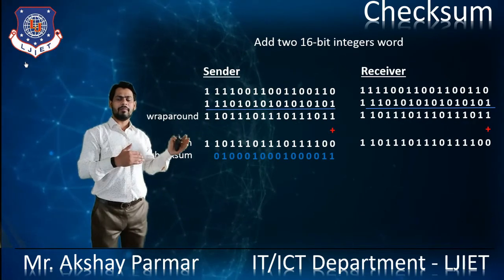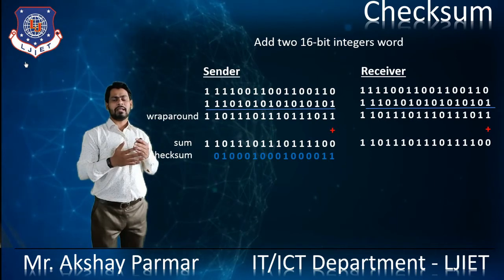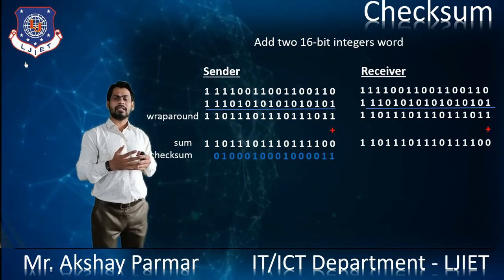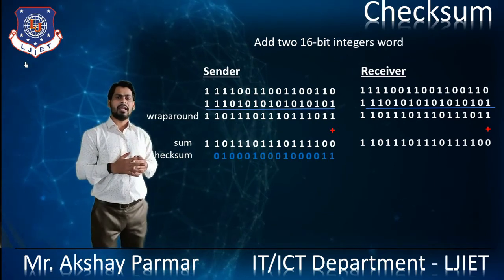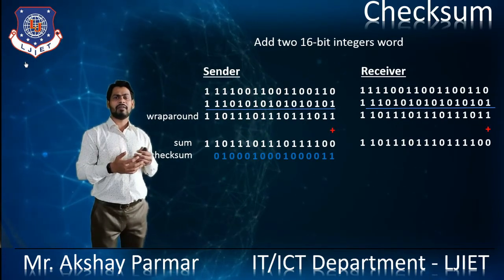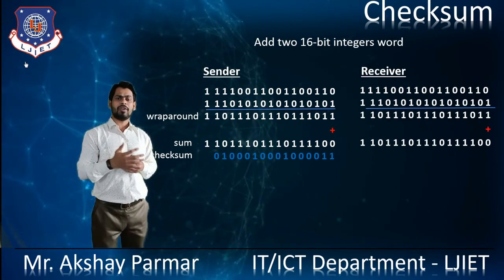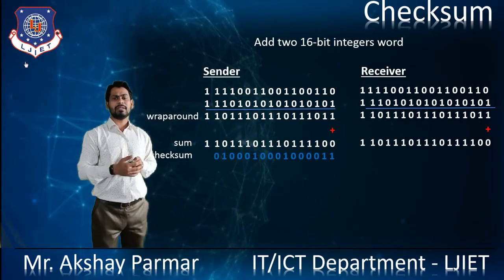If we add that sum and our checksum, and any bit is 0, then we can say that during the transmission some noise was encountered and had an effect on the data. So our data was manipulated or modified during the transmission.